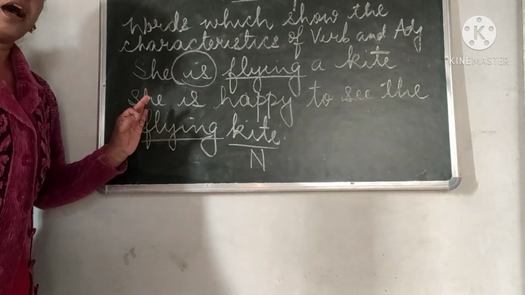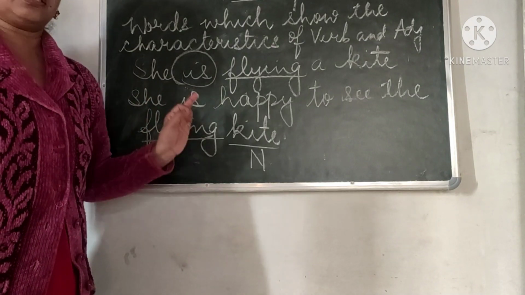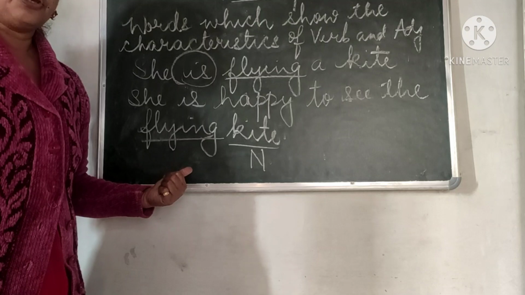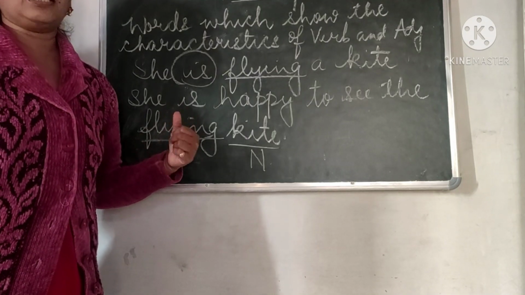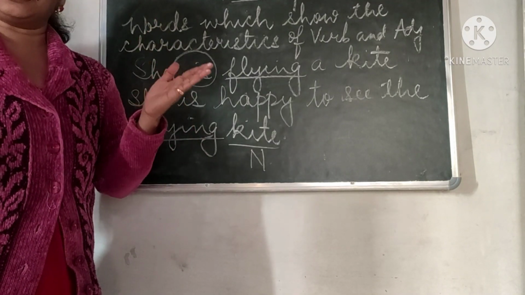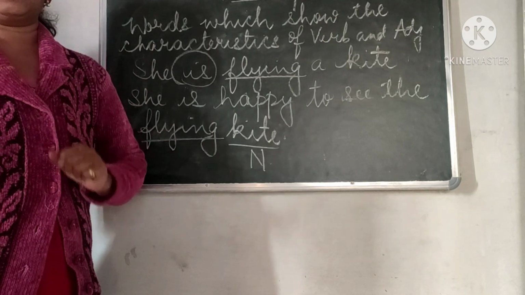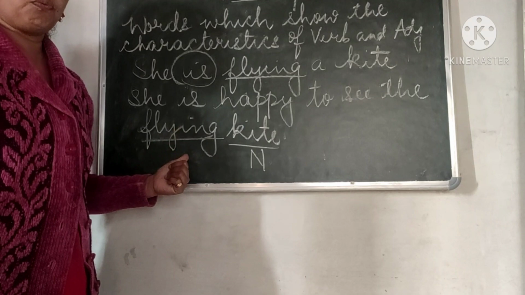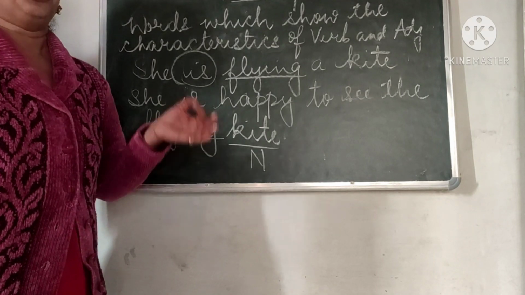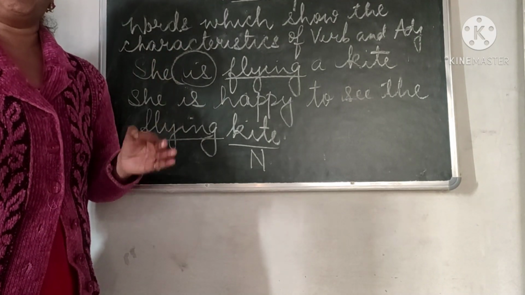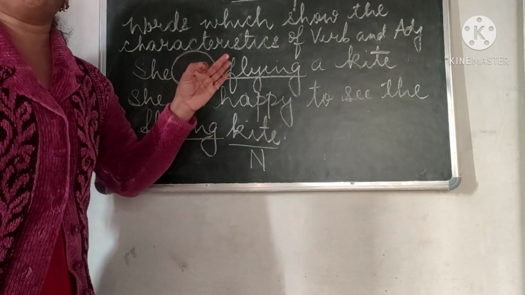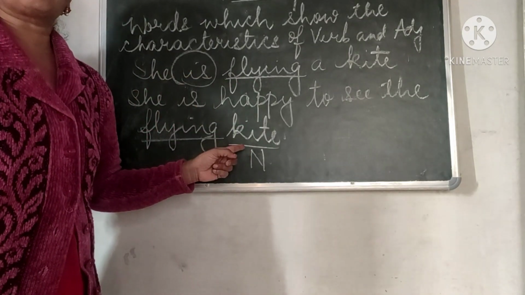So I have used this verb as an adjective, right? So I can also call it an adjectival participle. It's because I am using this word, though it is a verb, as an adjective to describe a noun, which is your kite.